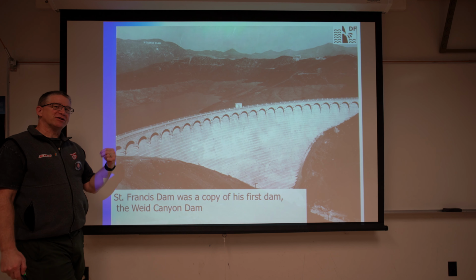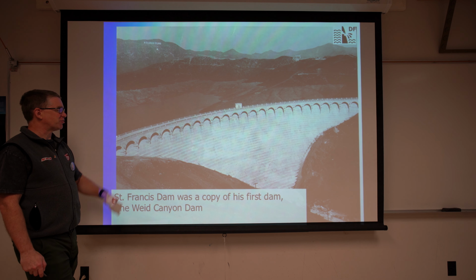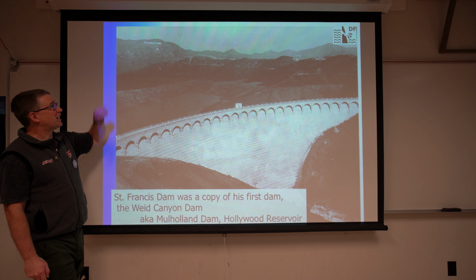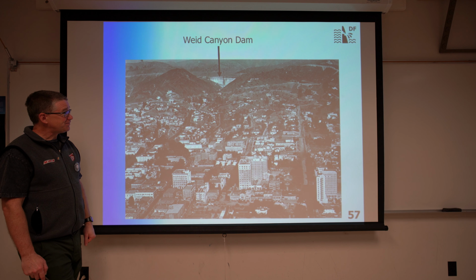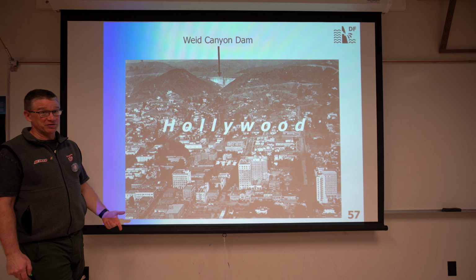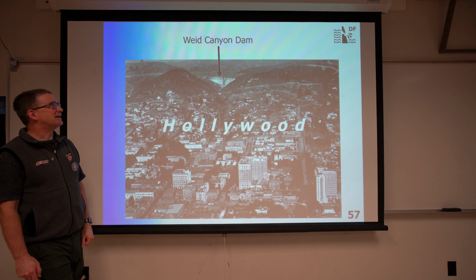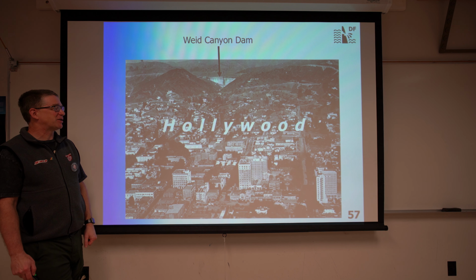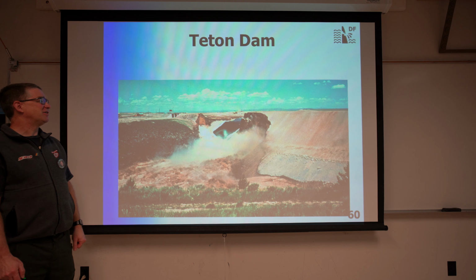Mulholland had built 2 dams in his life, and the previous one was this one here called the Hollywood Dam, which is a carbon copy of it, just south of the Hollywood sign. So Mulholland had a big problem because he had 2 dams that were built the exact same way. One failed. The other one didn't fail, but it's not at full capacity even to this day. It's kept at a much lower level because it's not as safe.